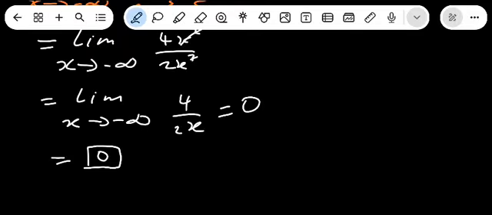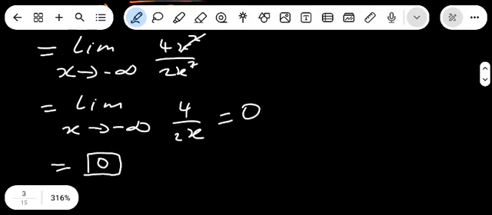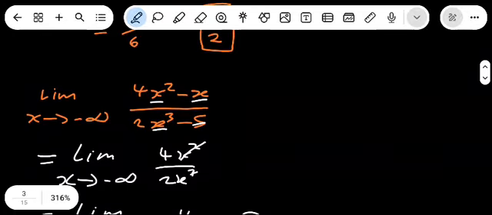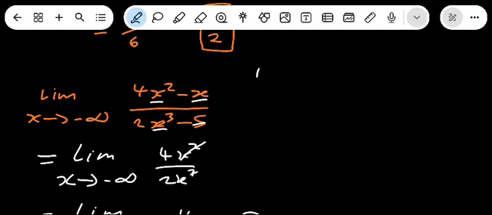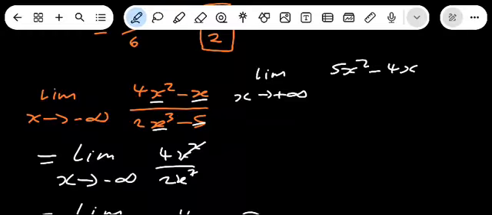Alright, so that is what you do. Let's say again, for argument's sake, you're given the limit as x approaches positive infinity of (5x squared minus 4x) divided by (2x squared plus 3).